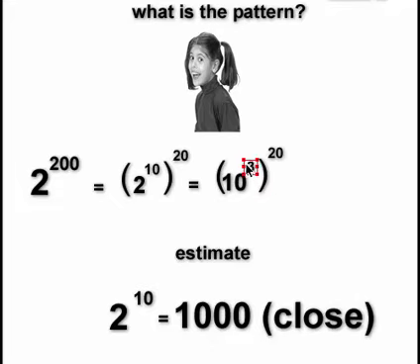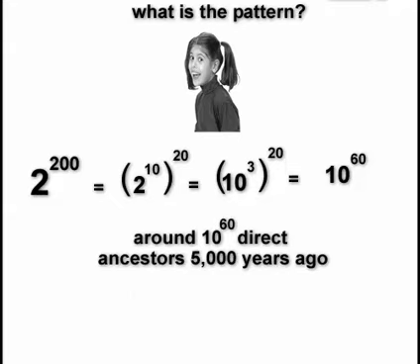And then we're just going to go ahead and multiply 3 times the 20. Comes out to be 10 to the 60th power. So, apparently, if you go back 5,000 years ago, it took 10 to the 60th people to produce Maria.